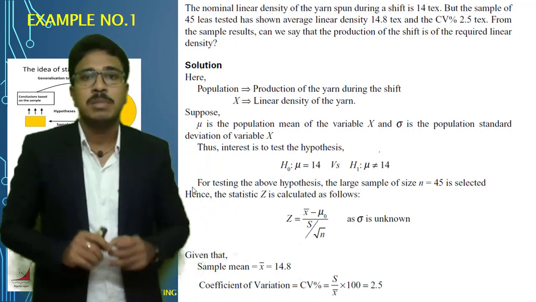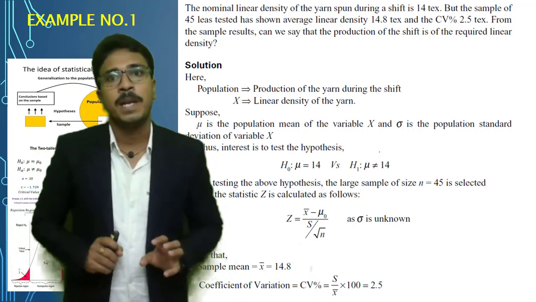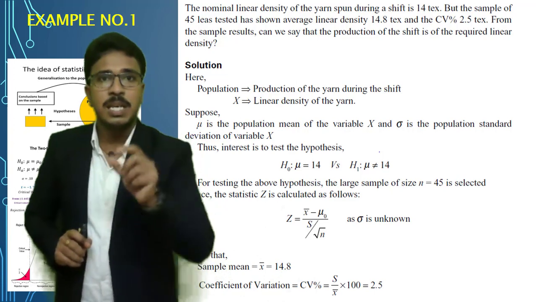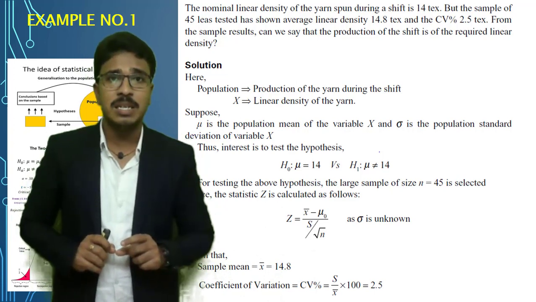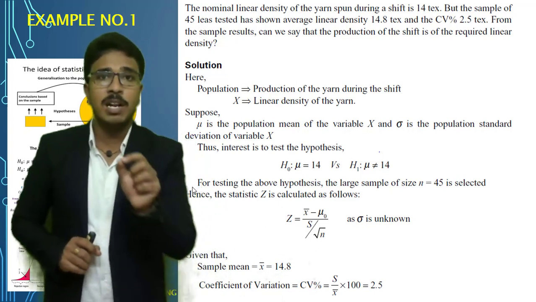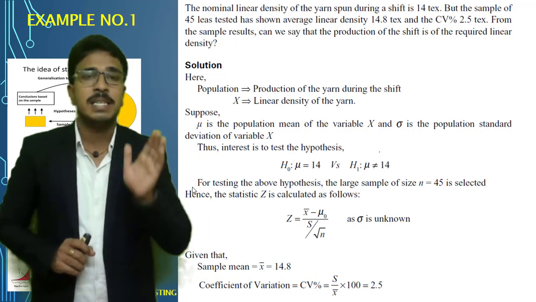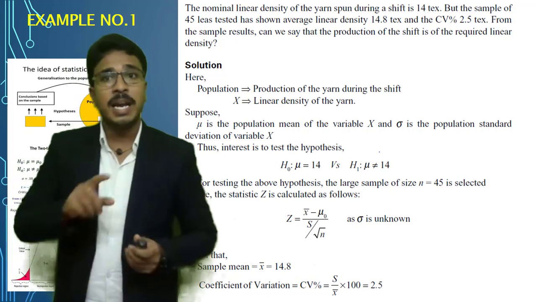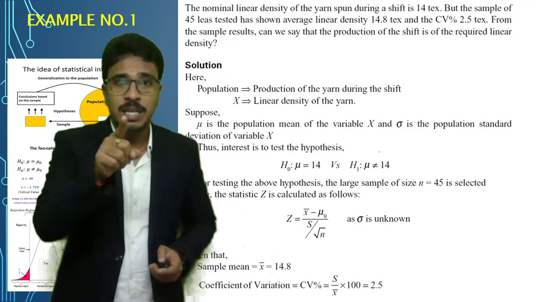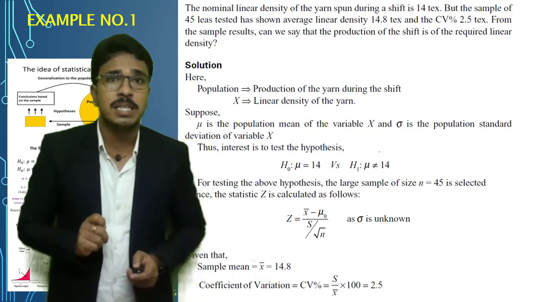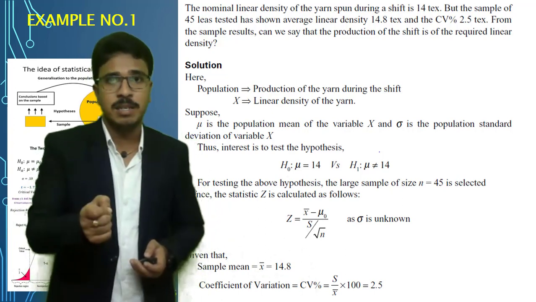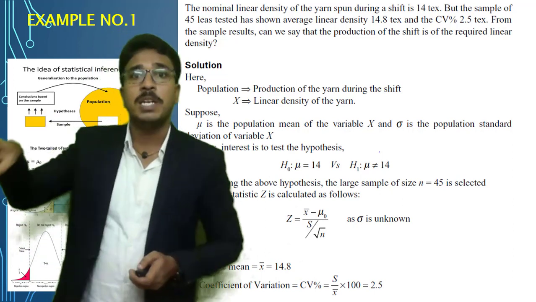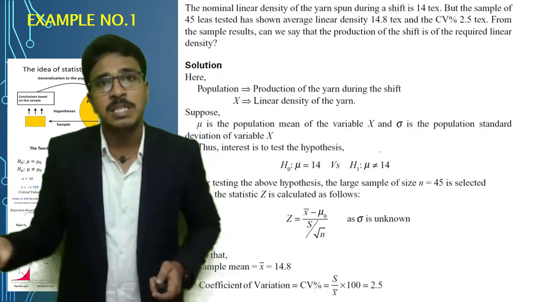Simply by looking at the problem, you see how many samples there are: 45. So the n value is 45, which means it is a large sample test. Again, the term average linear density means mean, so it is about the population mean. How many populations are there?